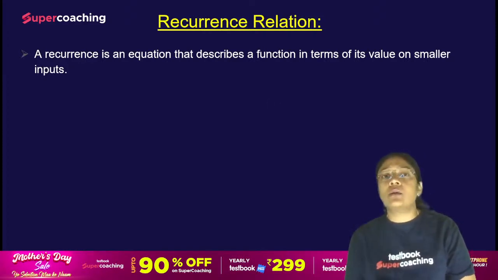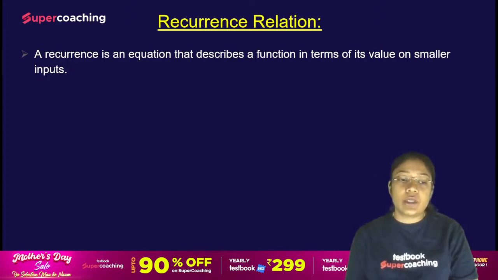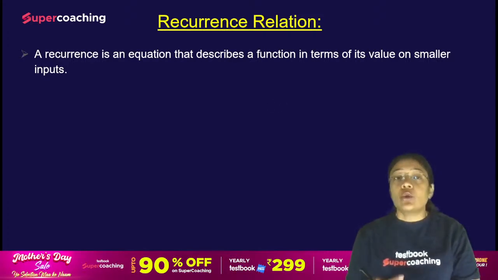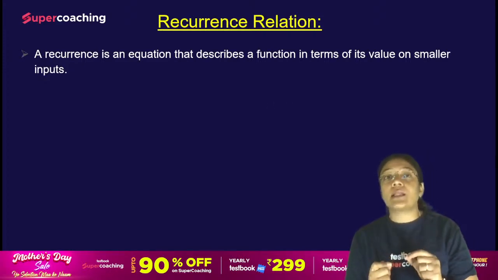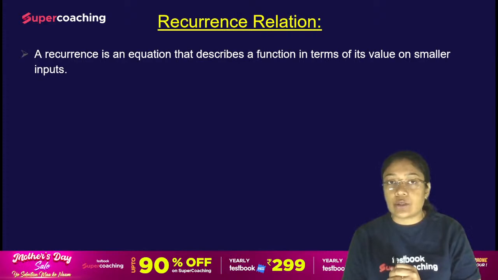That is also the definition of recursion. Recursion means when a function is making a call to itself. तो जब रिकर्सिव स्टेटमेंट को हम किसी इक्वेशन की फॉर्म में लिखते हैं, that is known as a recurrence relation.